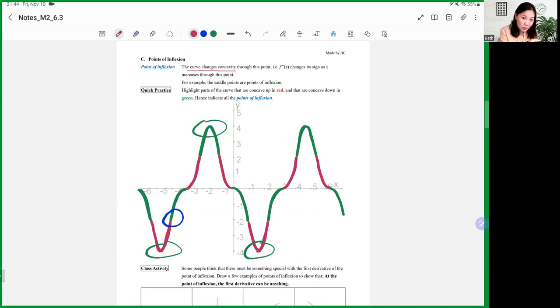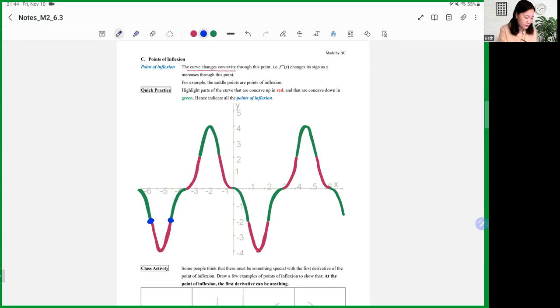Okay, now this morning we already did this part where we highlighted concave up and concave down. Now we need to indicate all the points of inflection. So where are they? I know there is one here. Concave down, concave up. This one here.